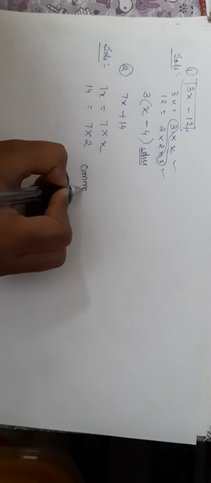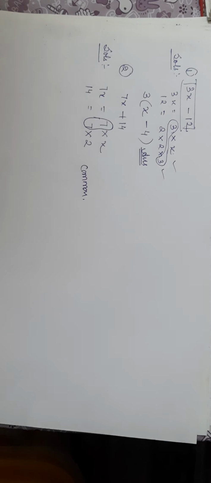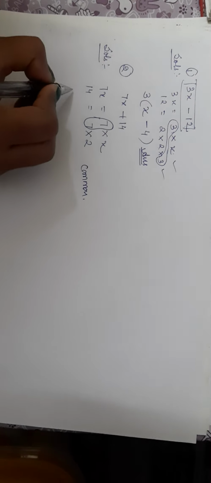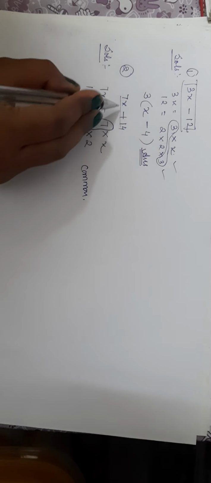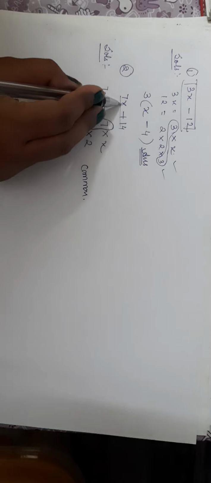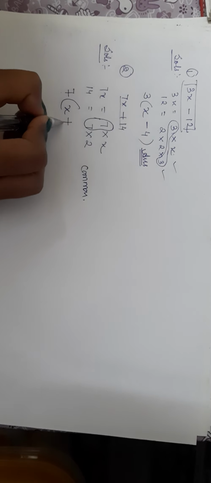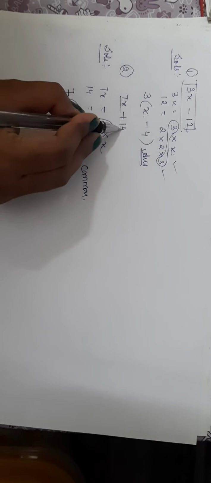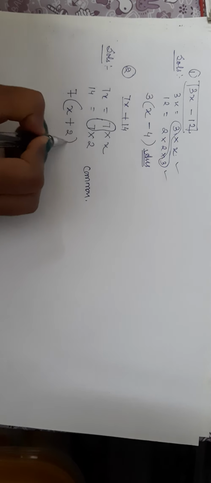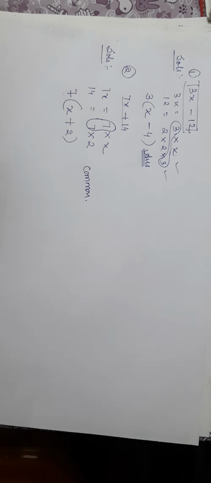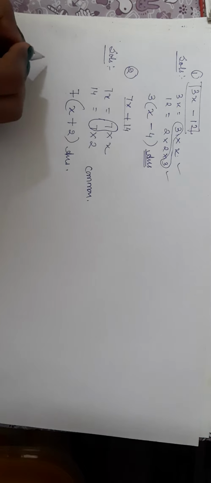Take out the common terms. You can see 7 is common. So take out 7 as common. What is left here? x will be left, the plus sign will be there, and again from 14, if you have taken out 7, 2 is left. So the answer will be 7 into (x plus 2). This is the answer. Isn't it easy?